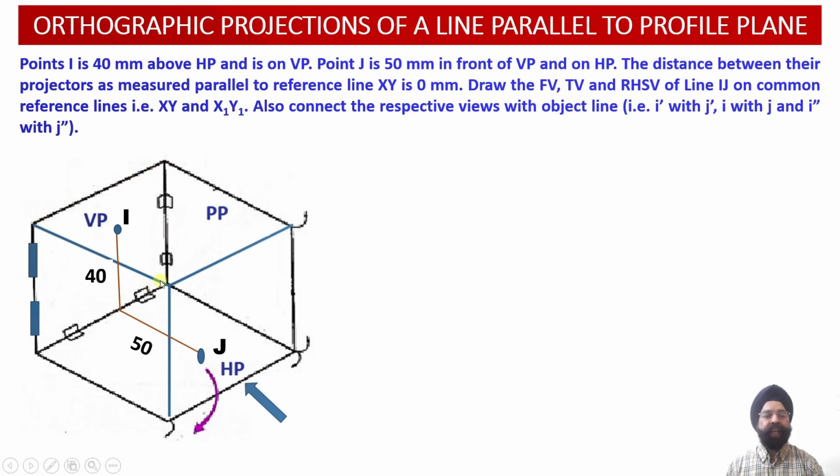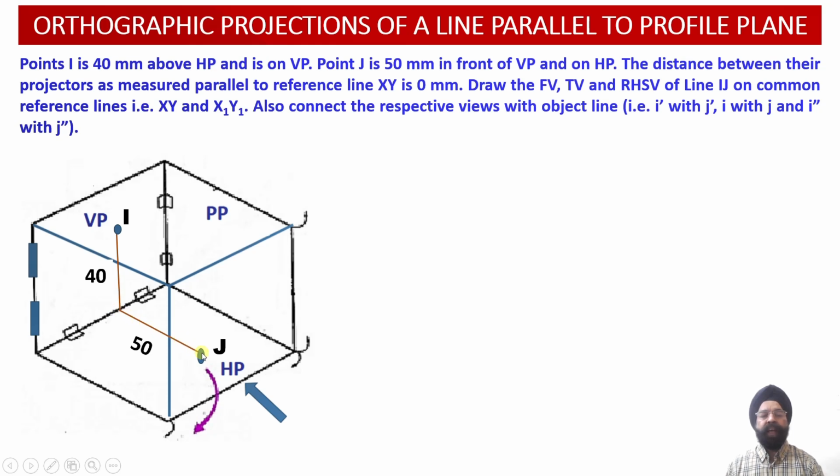This point J is lying 50 millimeter in front of the vertical plane, and it is contained by, or lies on, the horizontal plane. This is the horizontal plane which contains the location of the point J.